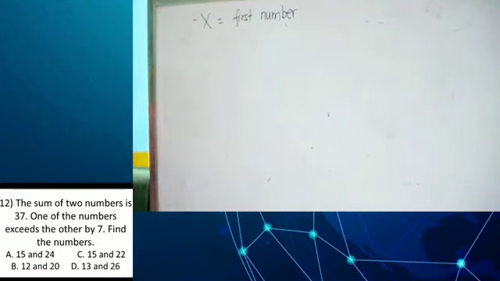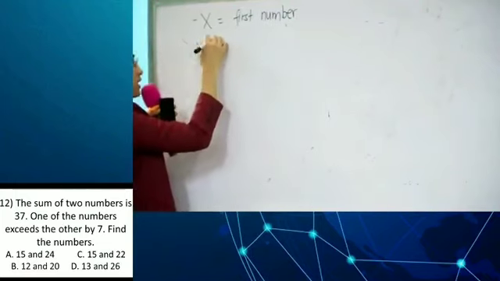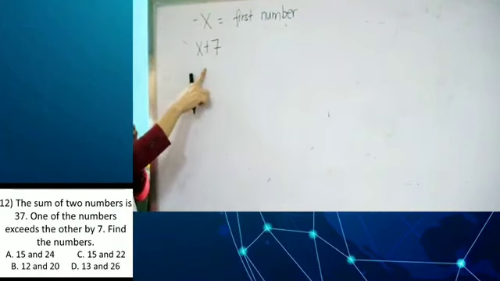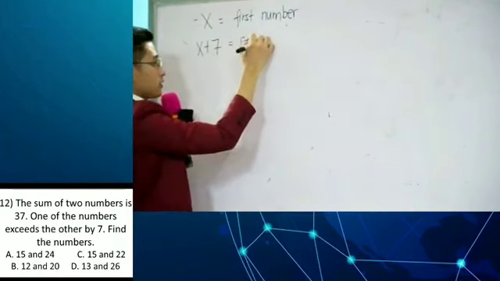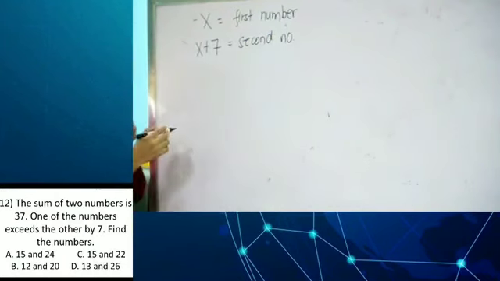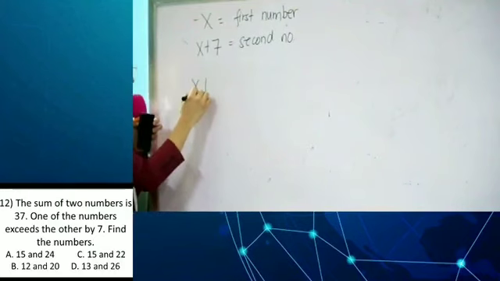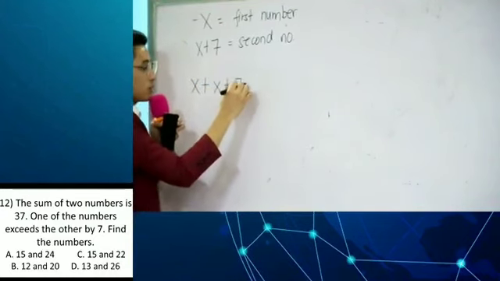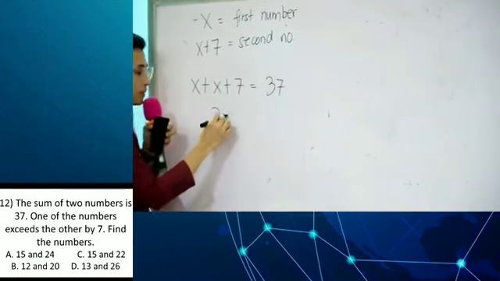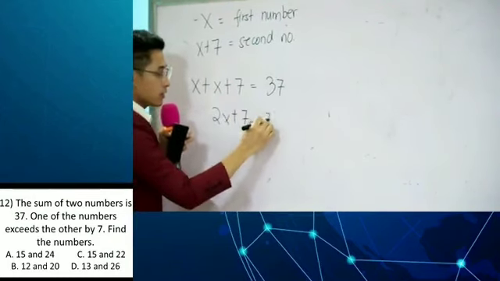So yung second number is x plus 7. Kasi nag-exceed yung second number ng 7 sa first number. Okay, so this is the second number. So the sum of this is 37. So x plus x plus 7 is equal to 37. Okay? So 2x plus 7 is equal to 37.